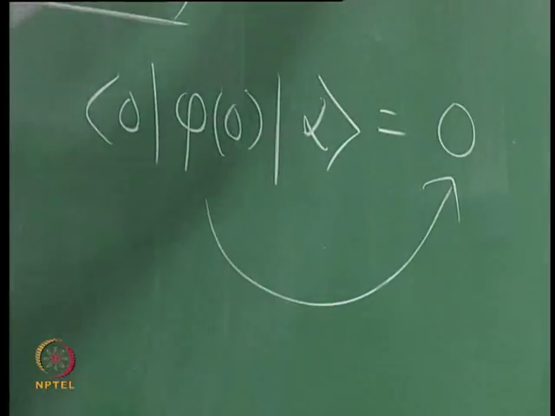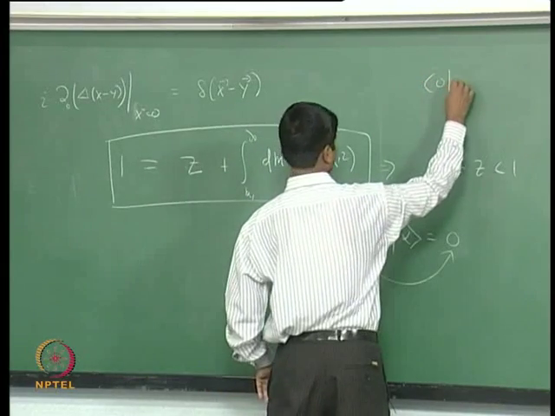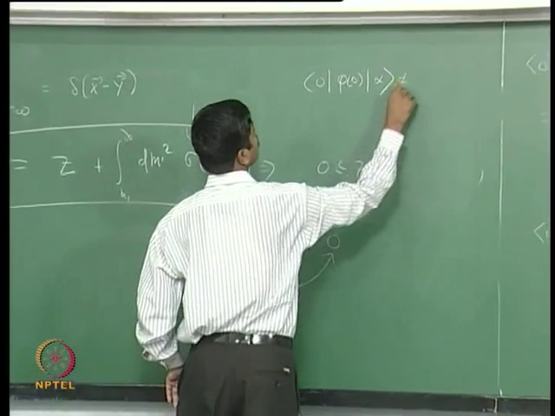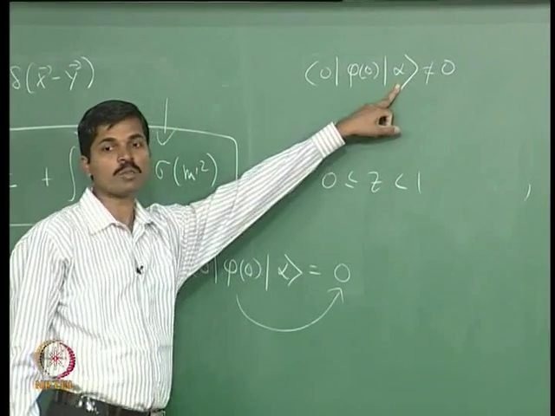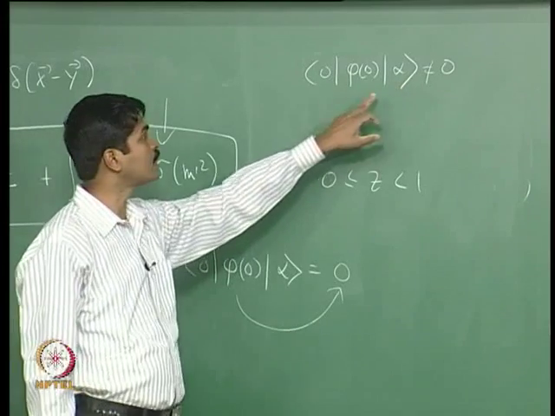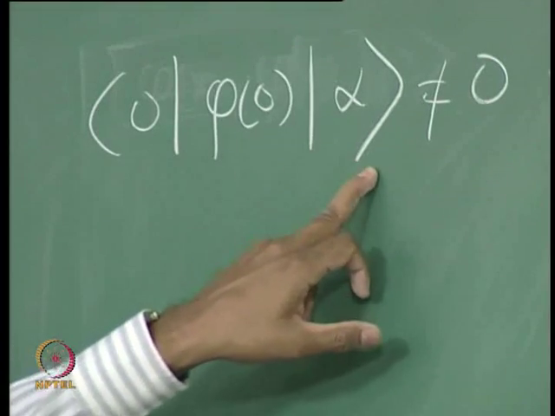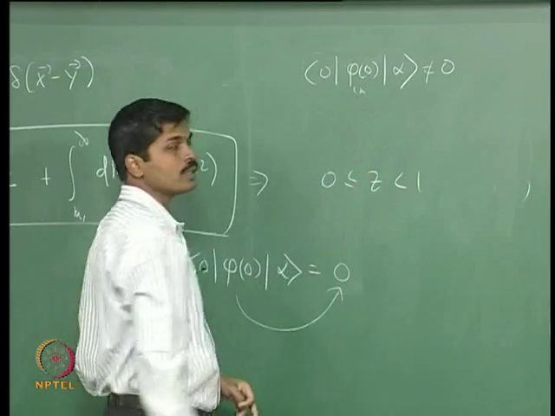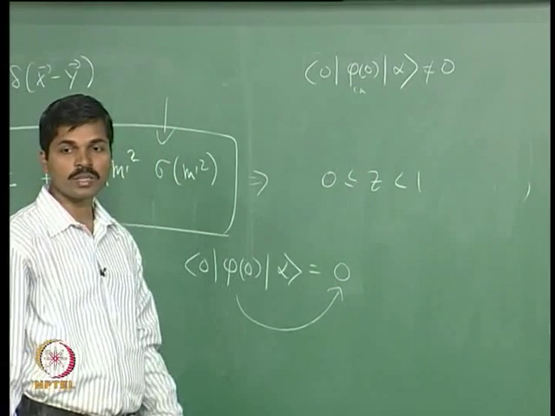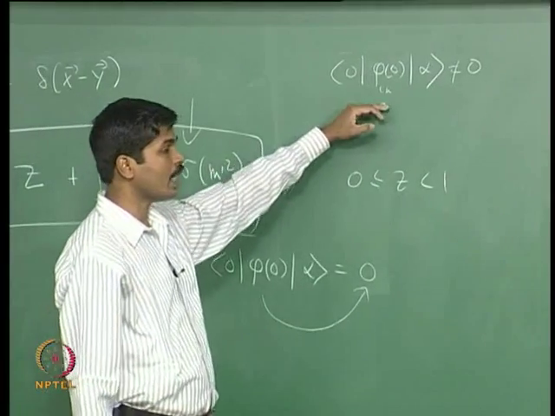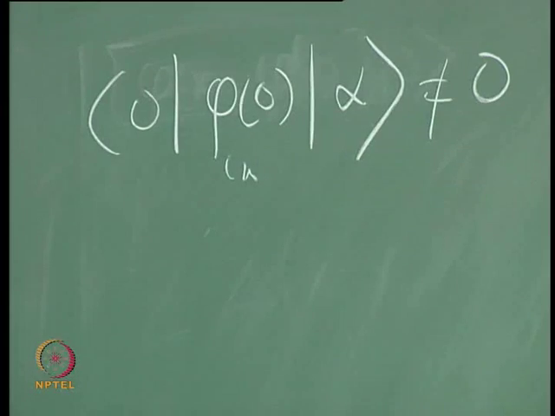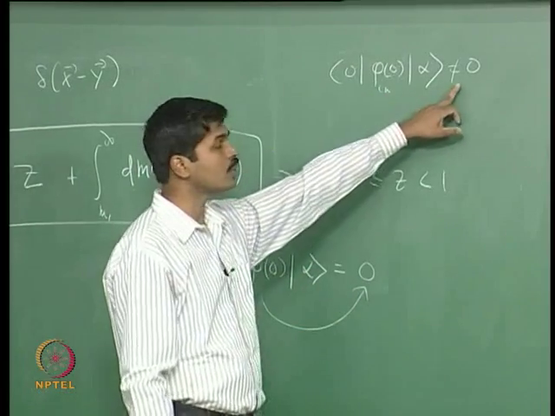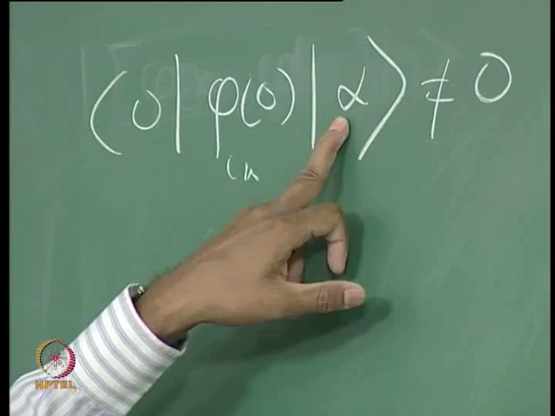So, in a free theory this is non-zero when this is a one particle state, and this quantity is 0 when alpha is a multi-particle state for a free theory. On the other hand, in an interacting theory, you also want the interaction to create multi-particle states. Therefore, this is also non-zero when alpha is a multi-particle state.